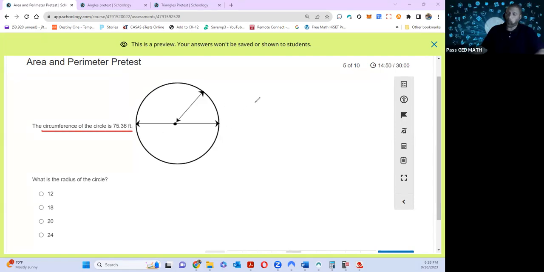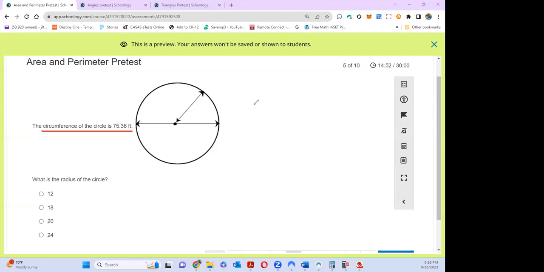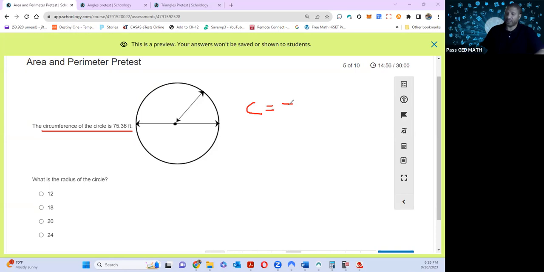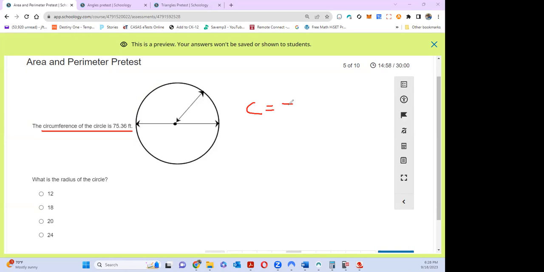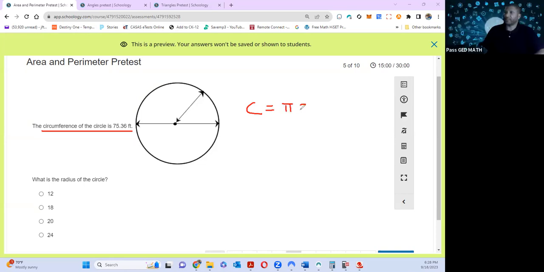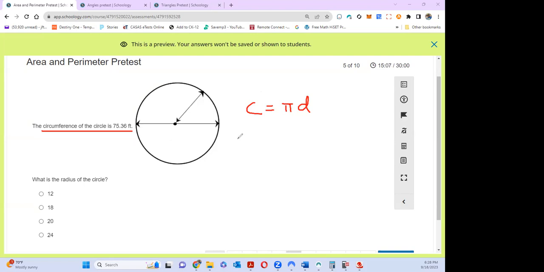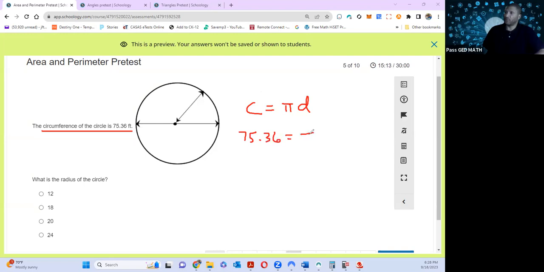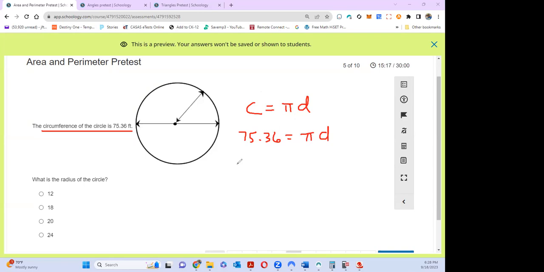So it's C equals pi D. I'm sorry. Pi times D. So we know the formula. What else do we know? That the circumference of a circle is 75.36. So 75.36 equals pi times D. Do we know what pi is? 3.14.